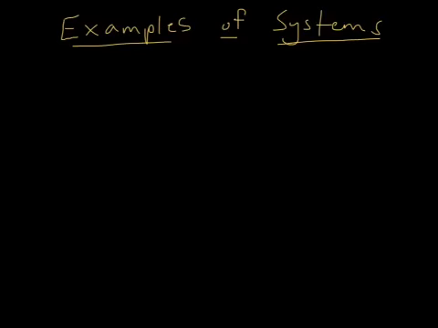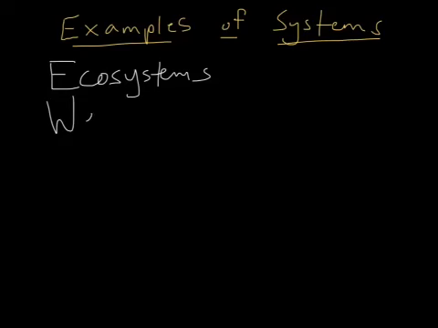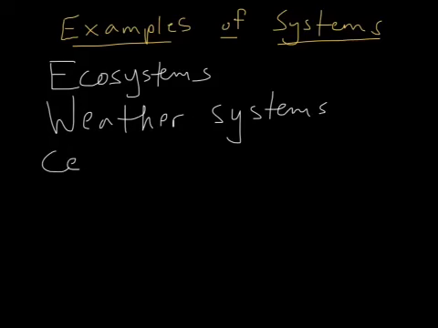Examples of systems. We talked about this a little bit in class. This is an environmental class, so we're going to be talking a lot about ecosystems. In an earth science class, you may talk about weather systems. In bio, you may talk about the cell, or the nervous system.